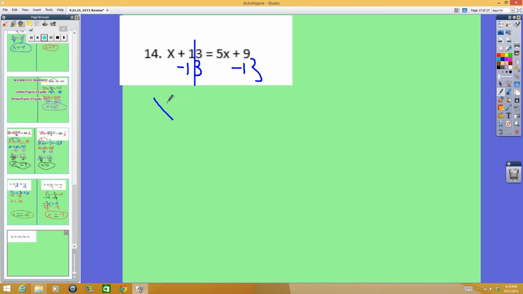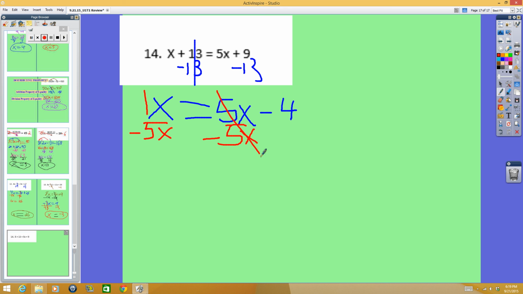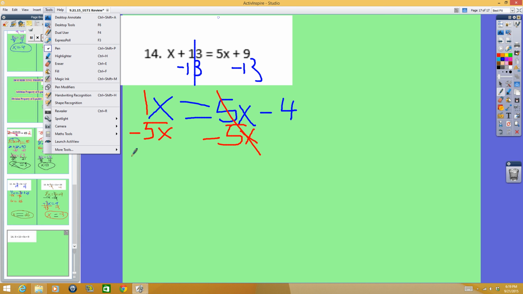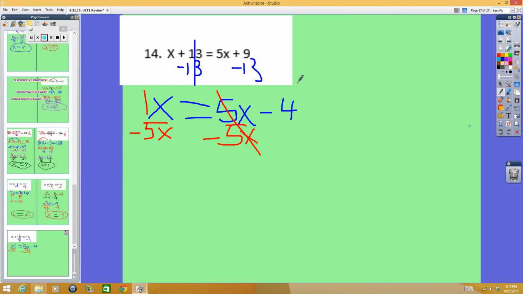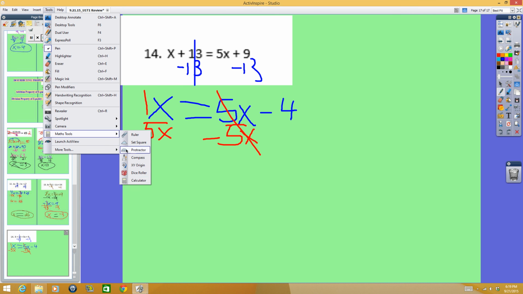X equals 5x minus 4. This is weird. Gotta be careful. There's a 1x, right? I want to take these 5x's away, so I'm going to do minus. Those cancel. Let me use my little calculator here. I'm subtracting 1 minus 5, right? Math tools.